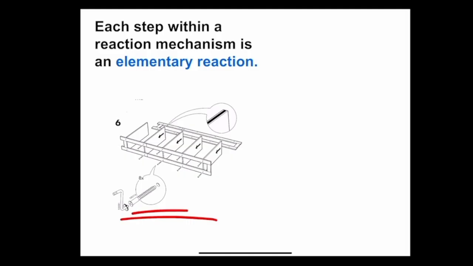In these intermediate steps, each one where you form one pair of intermediates or one set of intermediates, we call this an elementary reaction. This is one step. So if we start, and again, using our IKEA analogy, all the starting materials, the first step, assembling this particular one, that is something we do once. That's the single event of bond creation or bond breaking, that then we move on to other parts.